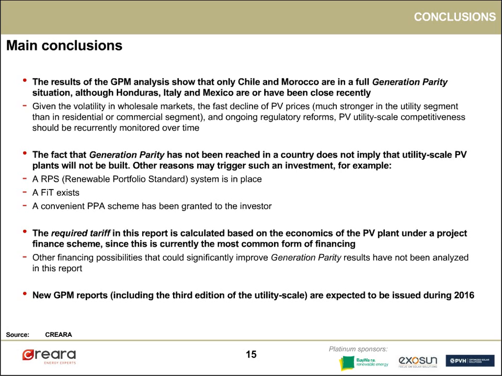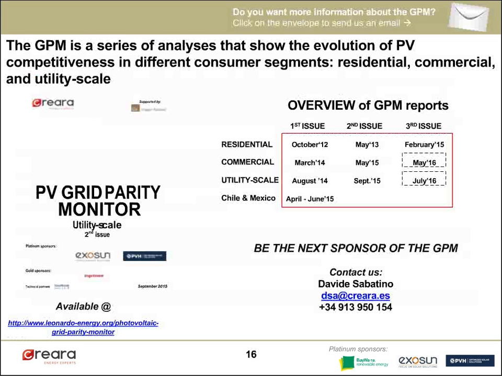And just to finish, we are working on new GPM reports, including the 3rd edition of the utility scale, which should be issued next year. And here on the last slide, you can see a summary of the different issues of the GPM in the residential, commercial, and utility scale segment that have been published so far.